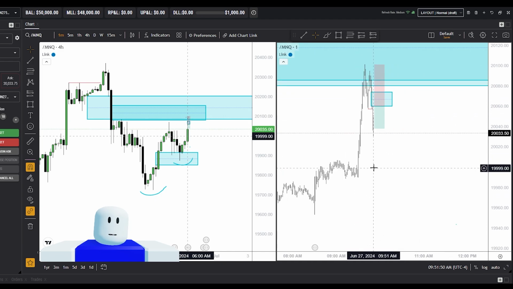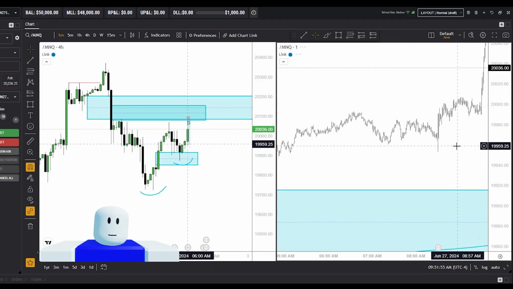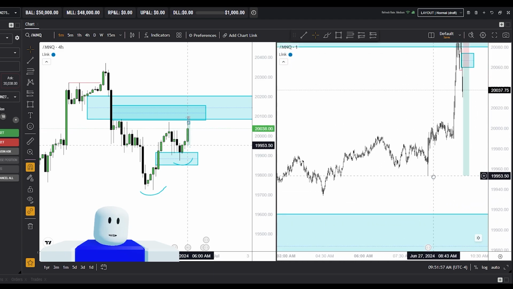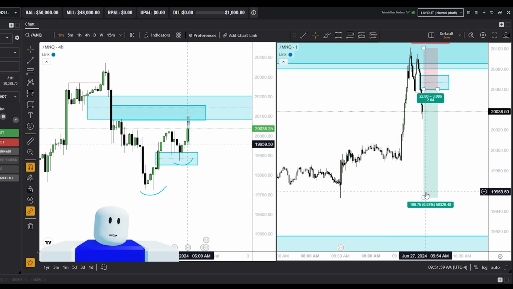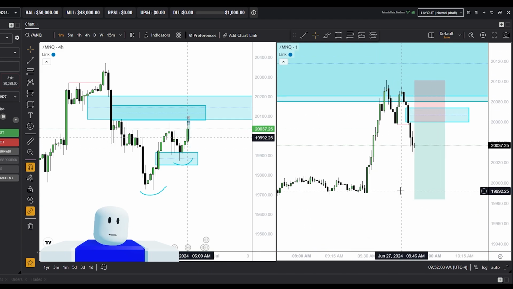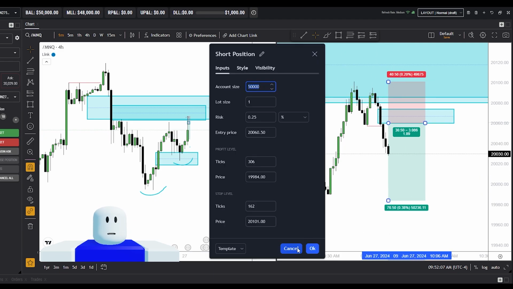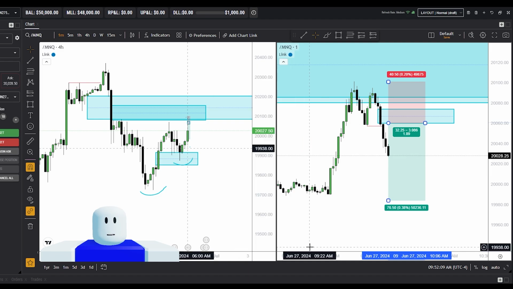Stops up here. Targeting these lows really. Actually, I'll target these equal lows down here. About to trade the possibility. It's saying to use 3 micros.